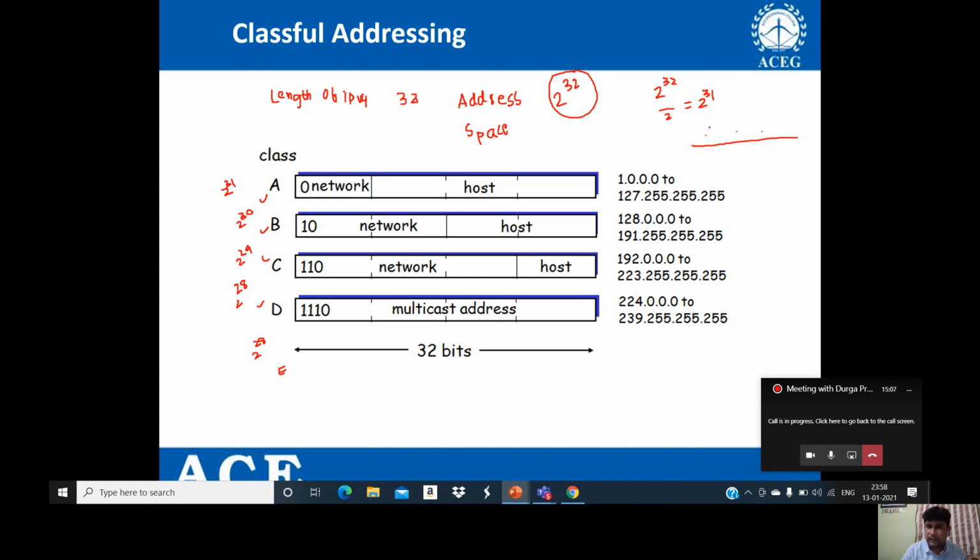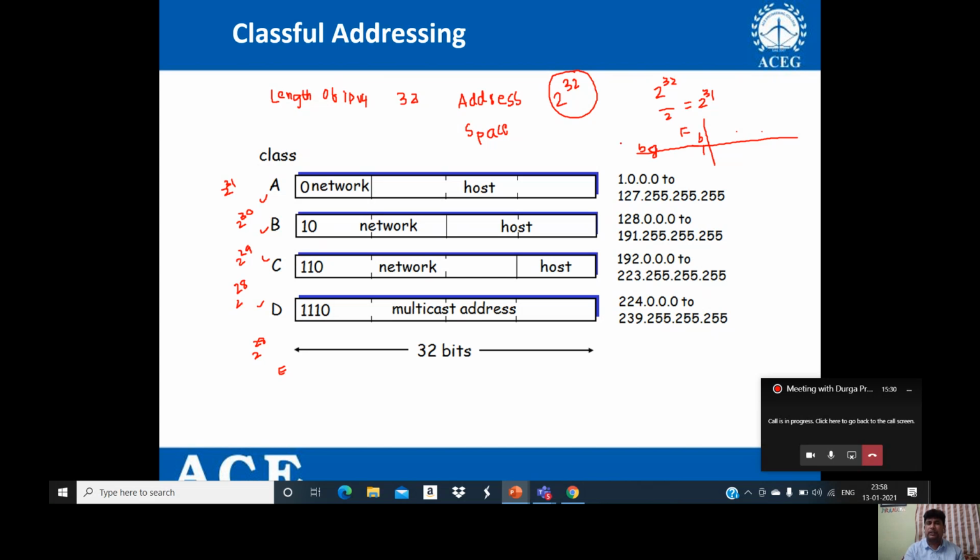Okay, now in the first byte, so we have 4 bytes. Let me consider the first byte of the IP address. In the first byte we have 8 bits, starting from B7 to B0, or you can call it B8 to B1.